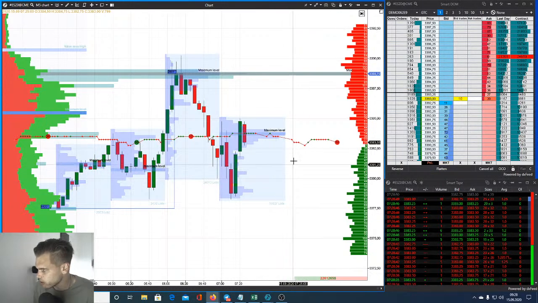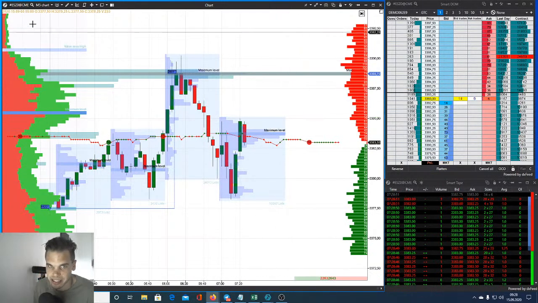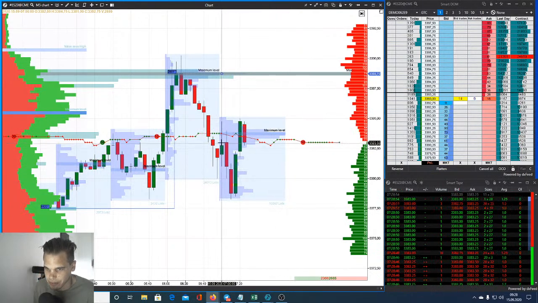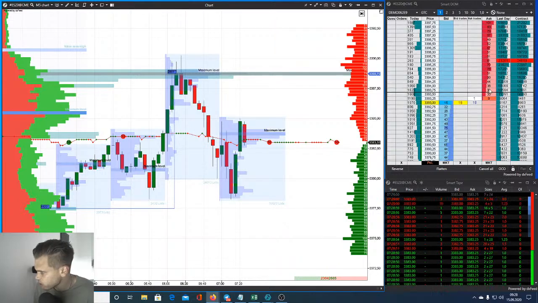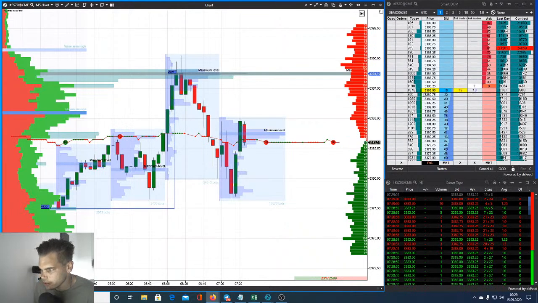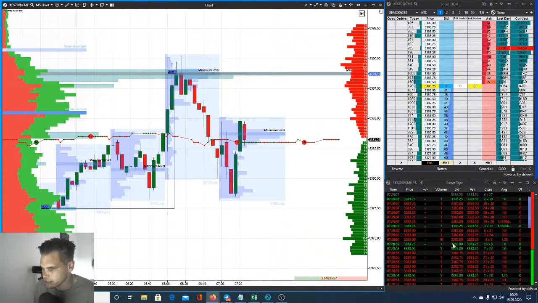It's hard to explain all this right now, but what you basically see is SPX 500. You can see the market depth here, which means we see the order book. That's part of the video I've shown you on YouTube about the volume profile. This is the order book, and this is the smart tape. This is the order flow indicator.